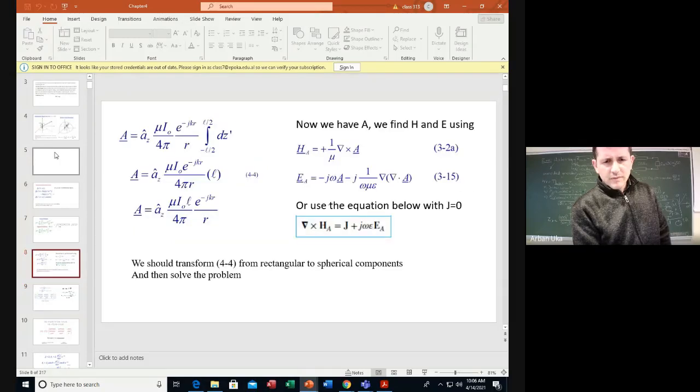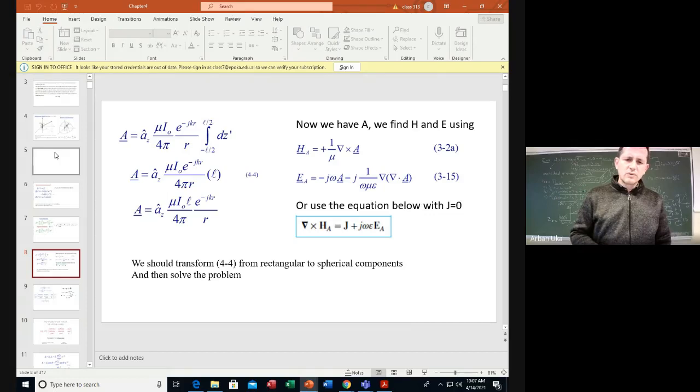it is good. So these equations are in Cartesian coordinate system. But since we want to see how this antenna, or infinitesimally small dipole antenna, how the electric fields and the magnetic fields are in the far field regime, it is easier for us to analyze this problem in spherical coordinate system.